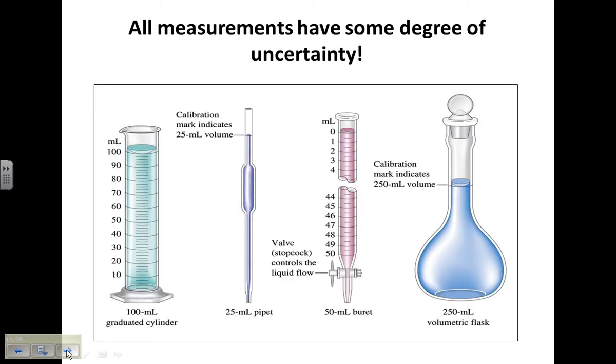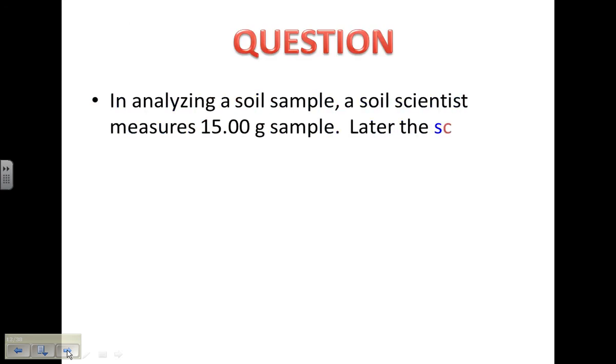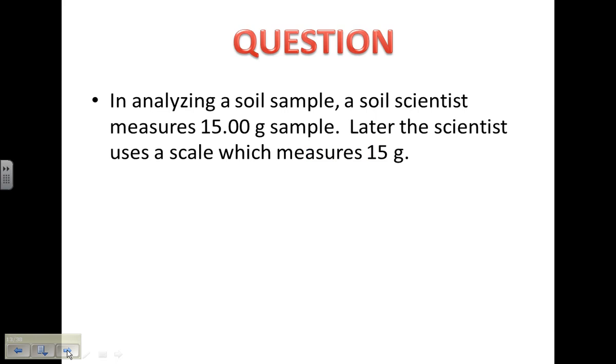Whenever you measure, there's some uncertainty depending upon how the instrument is made and how many graduations are present. So if we look at this example, we have a soil sample and it's measured 15.00 grams in one measurement, and then the scientist uses a scale and says it measures 15.